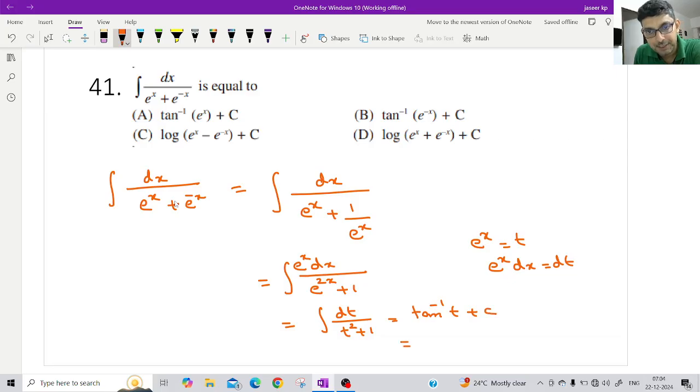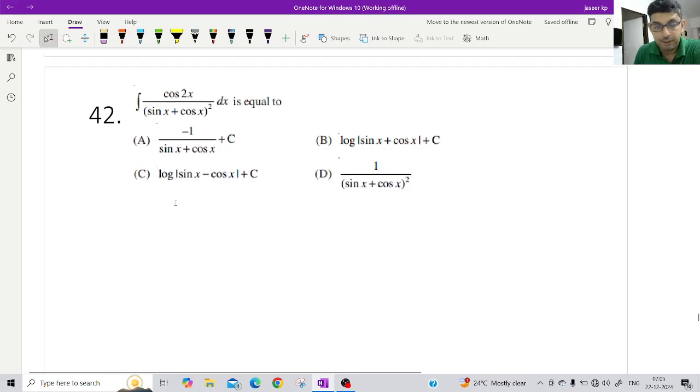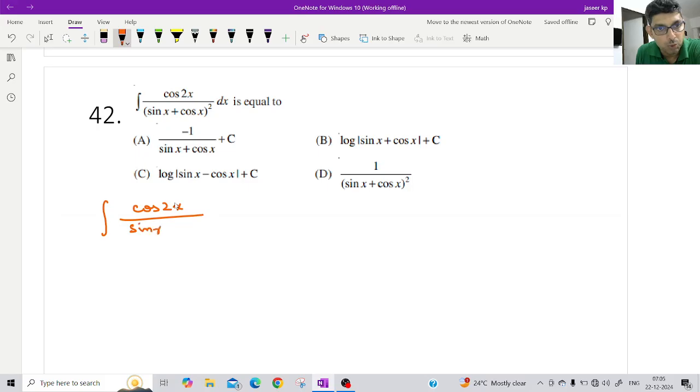So that means tan inverse of t is e power x plus c. So tan inverse of e power x plus c. So option A is the correct answer. Now we'll move to the next one. Integral cos 2x divided by sin x plus cos x whole square.